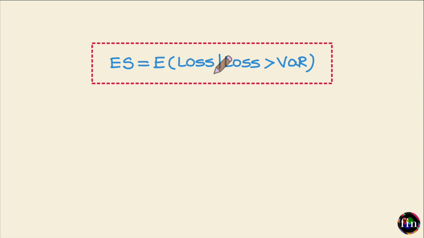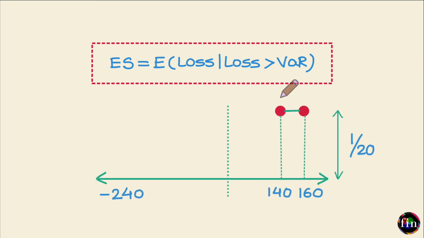So the PDF of the random variable whose expected value will be equal to this expected shortfall would simply be given by 1 over 400, that's the flat PDF for my loss, divided by 0.05, and that gives me a flat PDF of 1 over 20. So to work out this expected shortfall, I need to work out the expected value of a random variable that takes on values between 140, that's my VAR, and 160, that's the maximum possible loss, and has a flat PDF equal to 1 over 20.